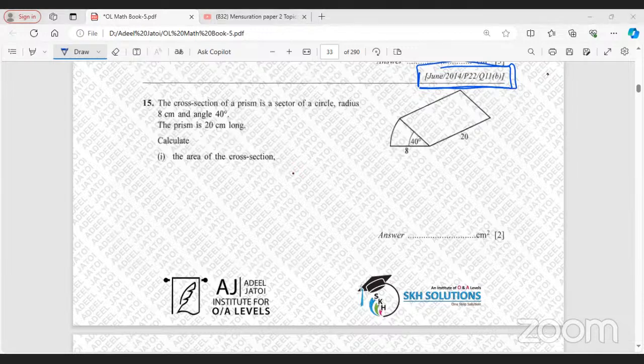The prism is 20 centimeter long. Calculate the area of the cross section.